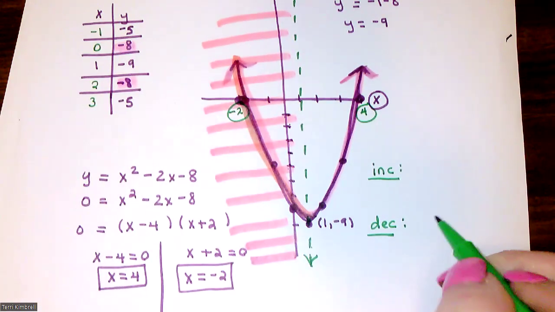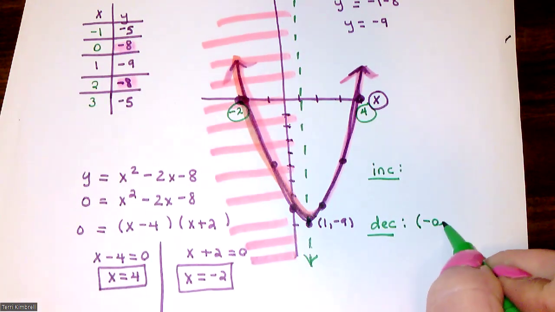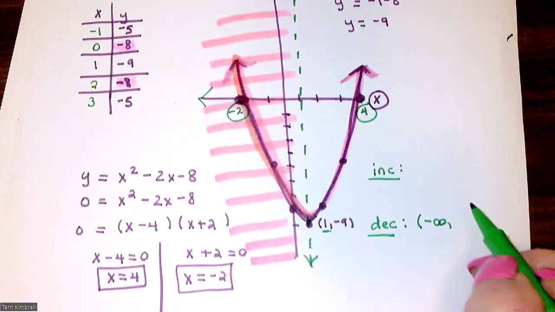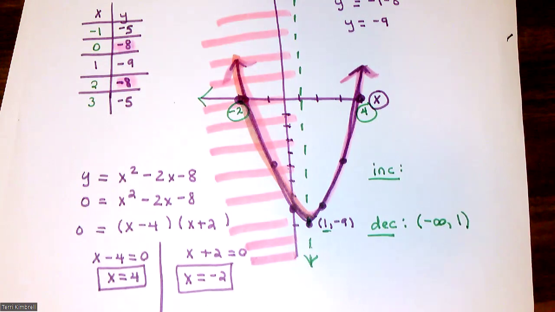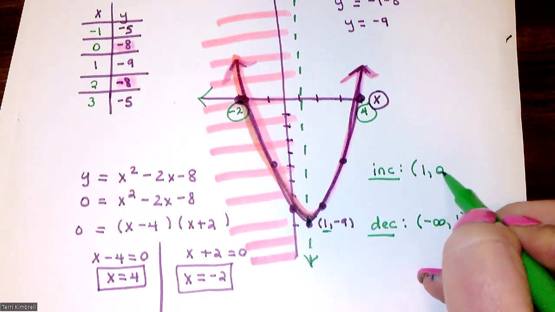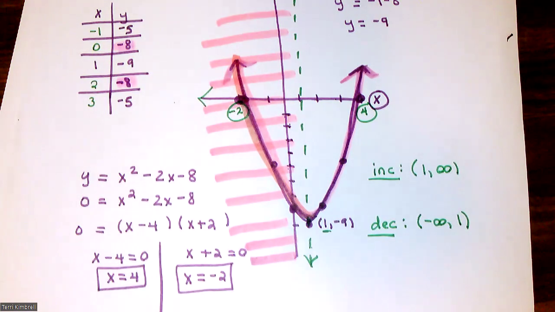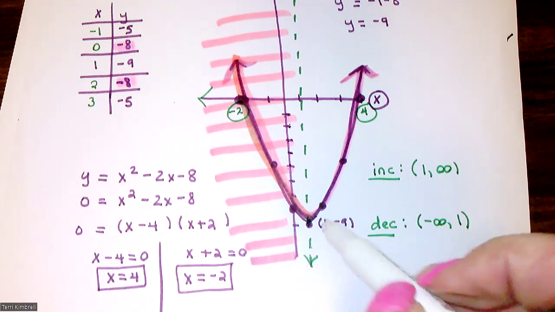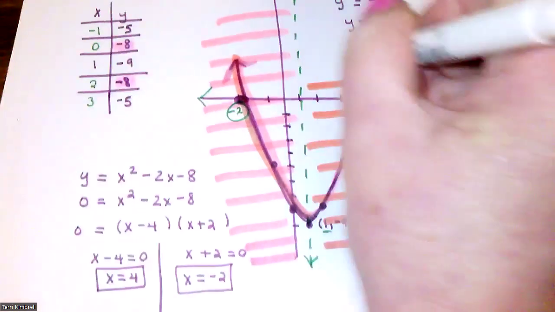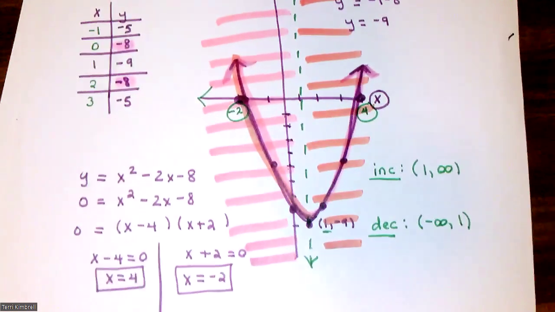So it would be decreasing from negative infinity to 1. Then on the other side, it would be increasing from 1 to infinity. So the axis of symmetry is going to split those two regions apart for you.